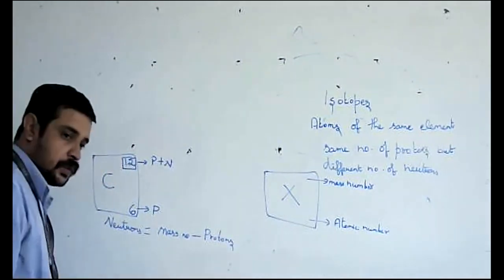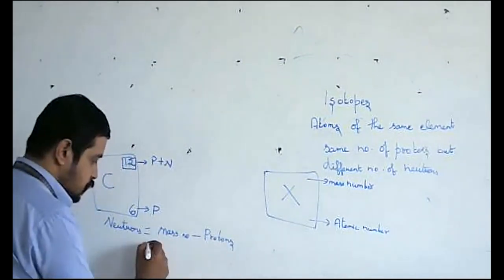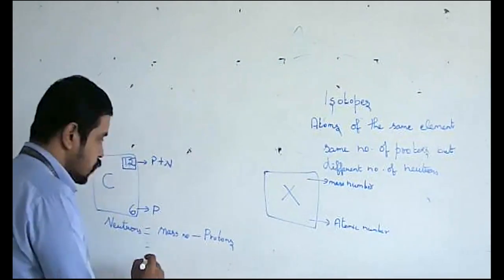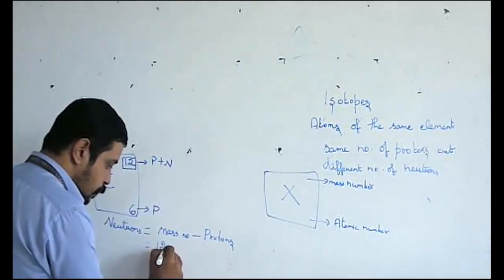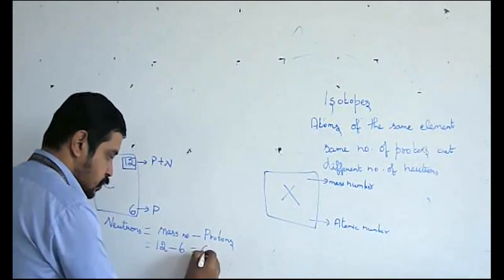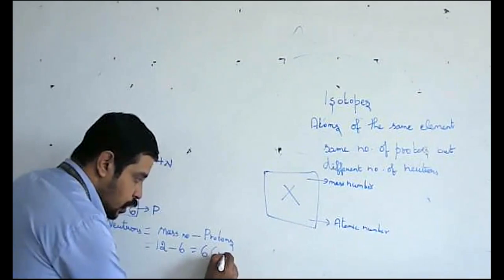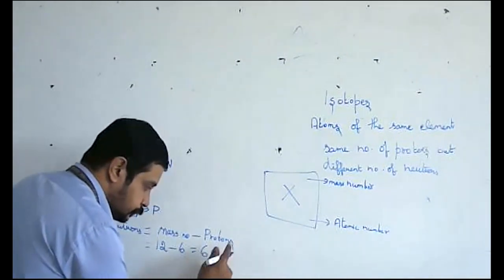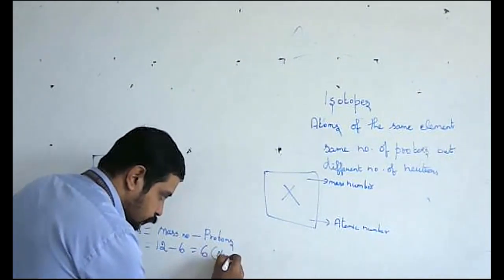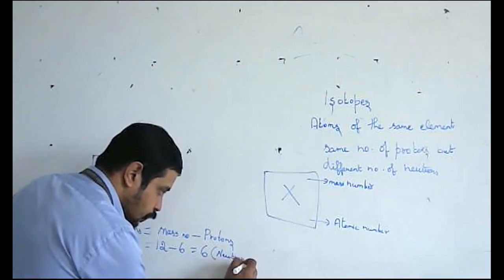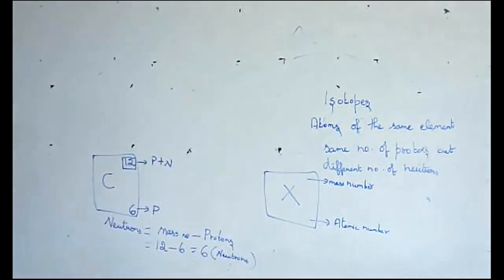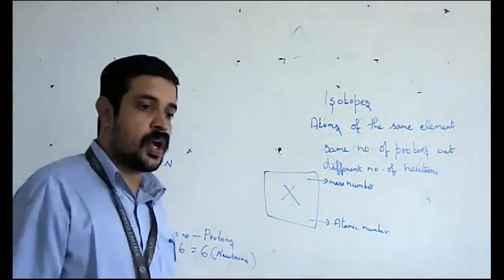So here it is 12 minus 6, which is 6. So 6 is the number of neutrons.